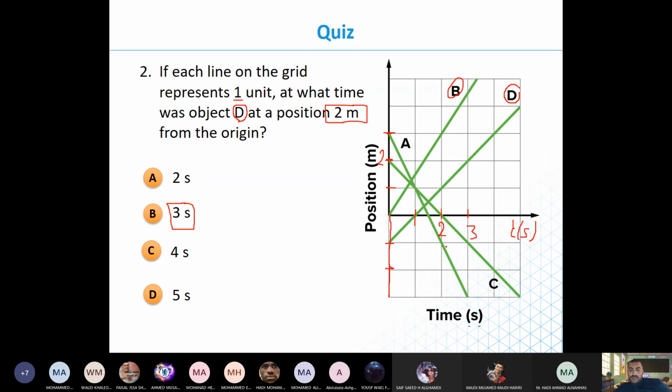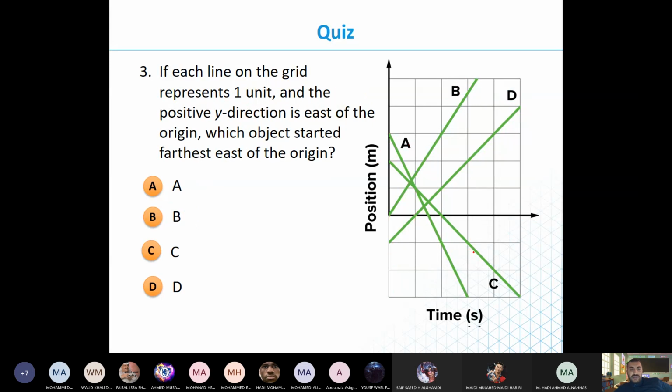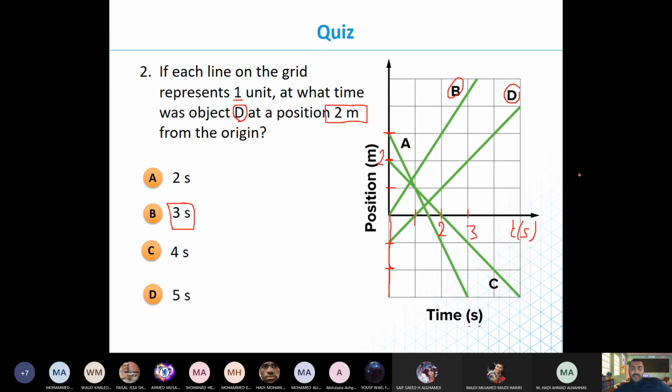According to line A, another way of asking this question: if I tell you the time is 2 seconds, what will be the position at line A, or the position of A?